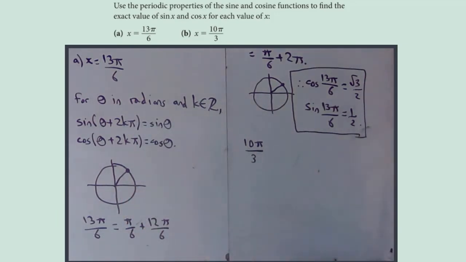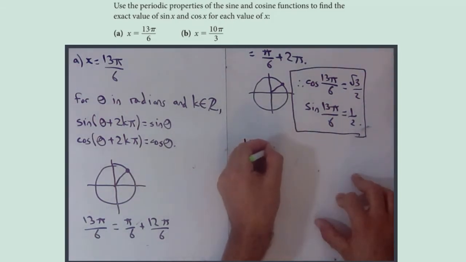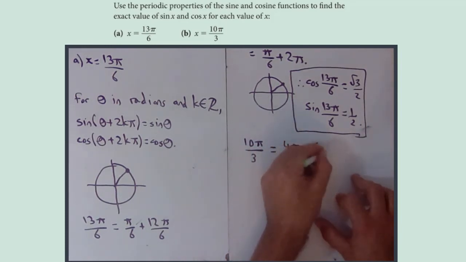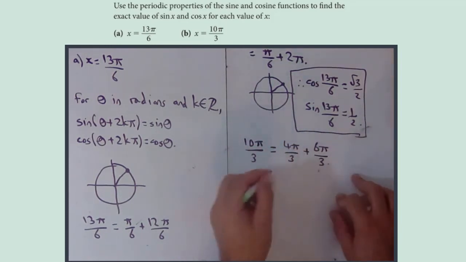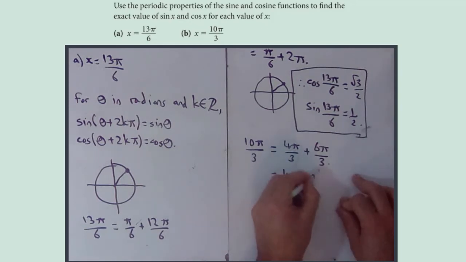If we use 12 pi by 3, we would say 12 pi by 3 minus 2 pi by 3, and either way you're probably going to have to do a bit of reflection in the circle. So I'm going to avoid the negative. I'm going to say 10 pi by 3 equals 4 pi by 3 plus 6 pi by 3, which is plus 2 pi.